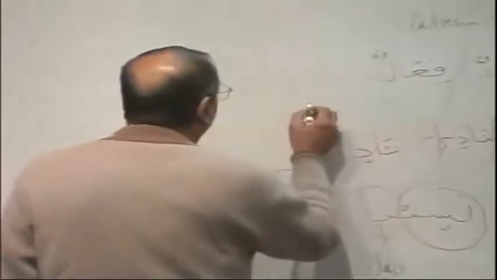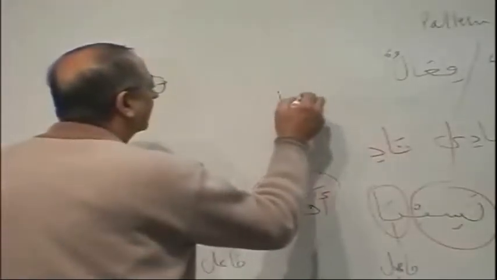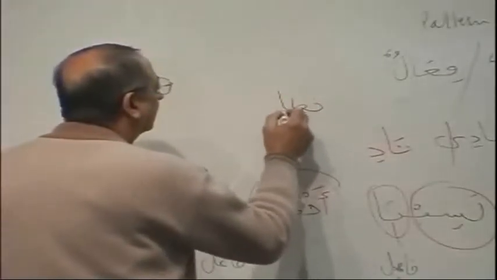Baini. What is baini? Baina is zarf. So zarf and mudaf ilayhi. Baini. Because of ya mutakallim, na became ni. Wa baina khataya. Khataya. What is this? Khataya. My mistakes. Mudaf ilayhi. Remember, brother, all these things we have done, and we must remember. Khataya.